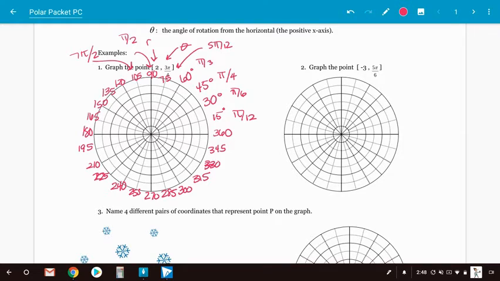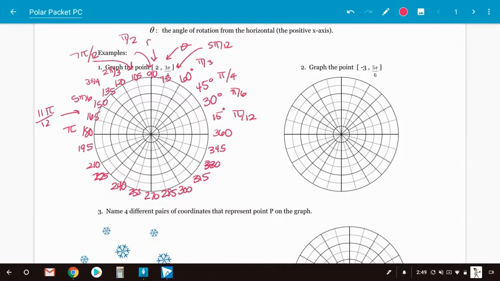Then we've got 3π over 4, and that's the one we're going to need. Oh, I missed 2π over 3. I knew something didn't seem right. So this is 2π over 3, 3π over 4, 5π over 6, 165 here, 11π over 12.